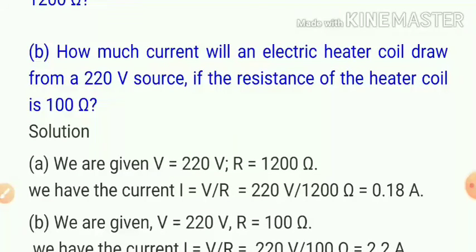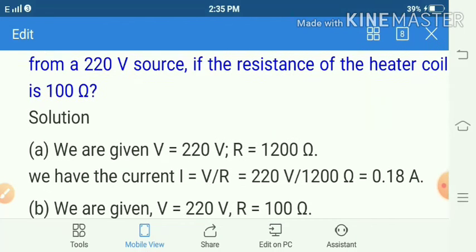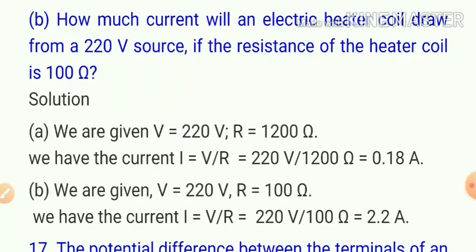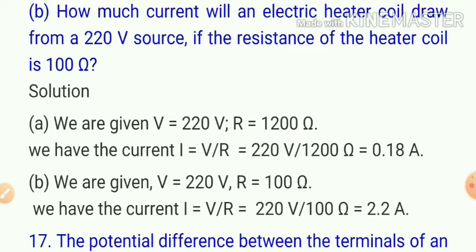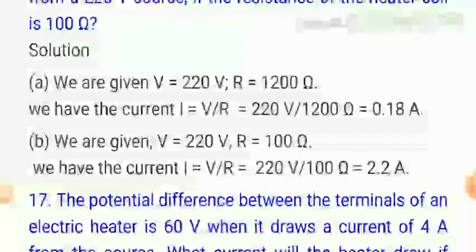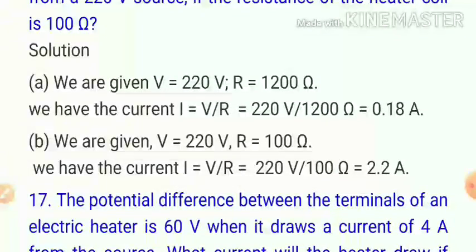In part A, V is 220 volt and R is 1200 ohm, so the current I is 220 upon 1200, which is 0.18 ampere. In part B, V is 220 and R is 100 ohm, so I is 220 divided by 100, which is 2.2 ampere.